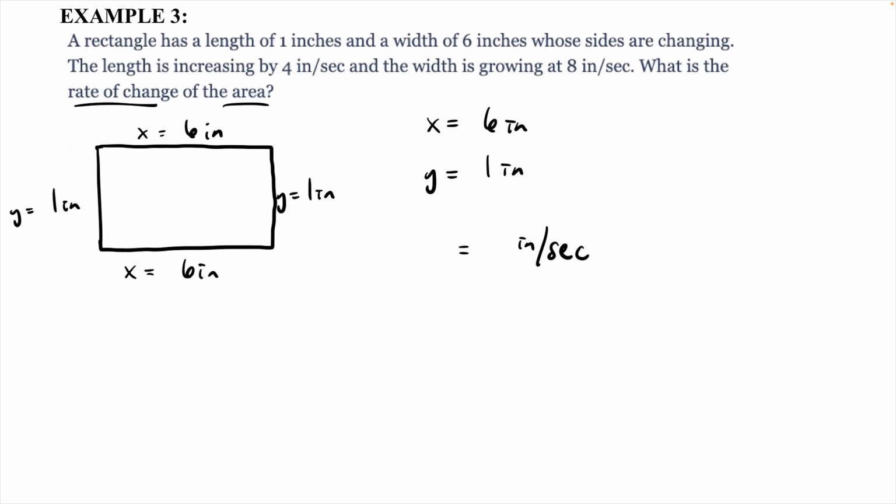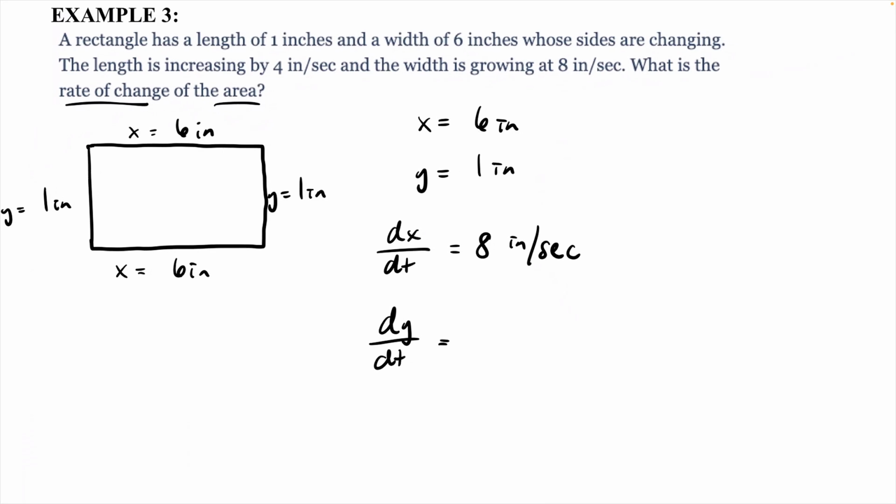There you go, good. Not x, because x is a distance. How do we write x as a rate? dx over dt. That says the rate of x. And then we know dy over dt is 4, increasing at 4 inches per second.